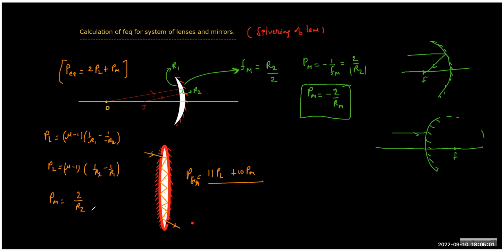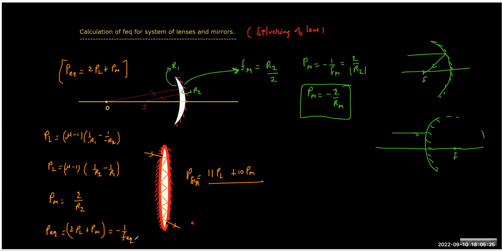Yes. And now you can say P equivalent is how much? After doing all these things, what you can replace is that this is actually minus 1 by F equivalent. Why minus?